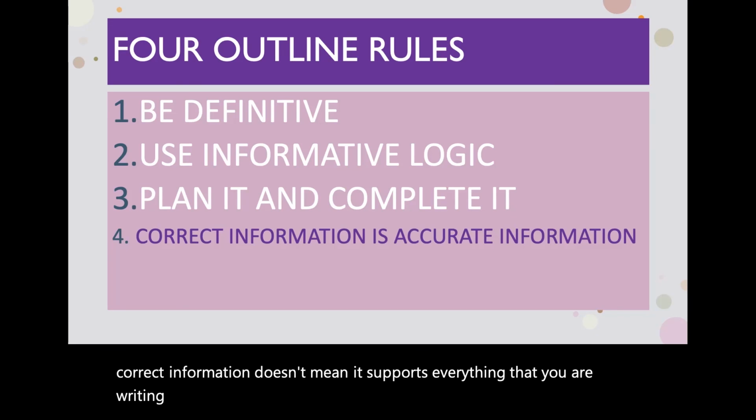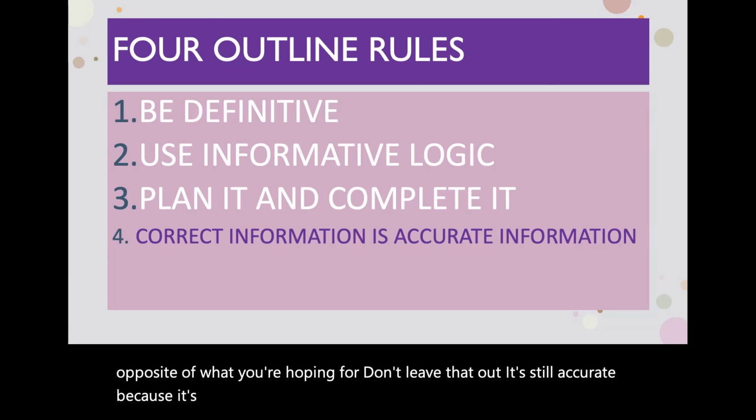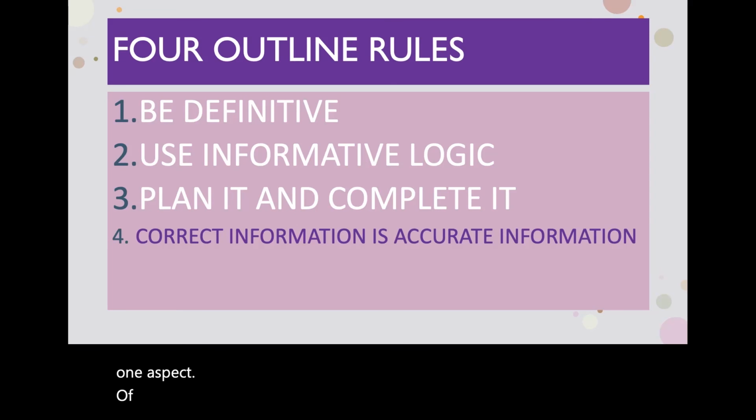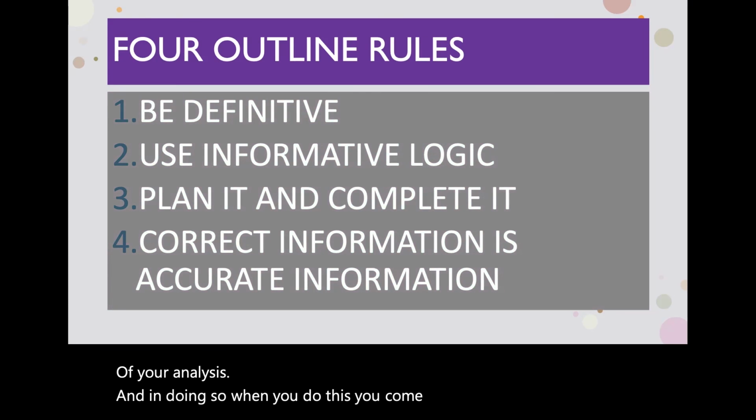Sometimes it challenges you. Sometimes it's a study that is opposite of what you're hoping for. Don't leave that out. It's still accurate because it's correct in the sense that that study may have disproven one aspect of your analyses. And in doing so, you come to your four outline rules.